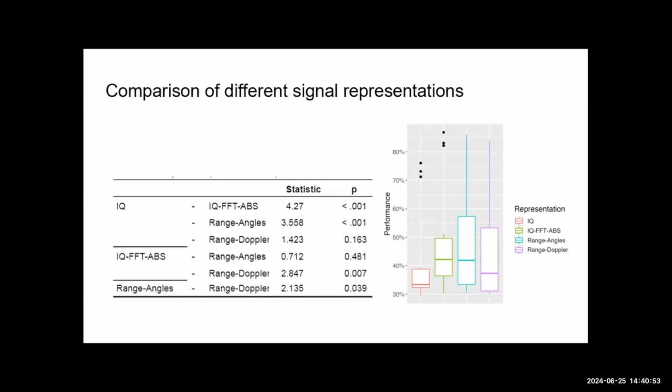Basically, we trained a deep learning network based on convolutional 3D layers with IQ signal as the input, and also the IQ signal with the radar data cube. IQ signal is one data input, and then we did IQ signal with FFT along the dimensions.